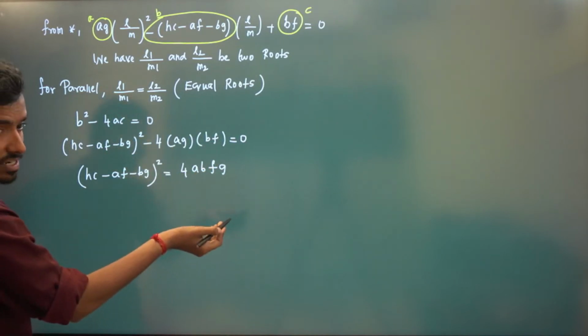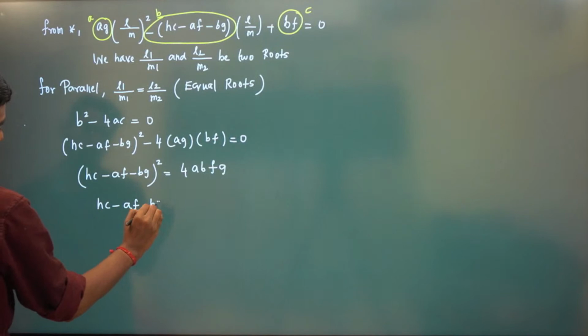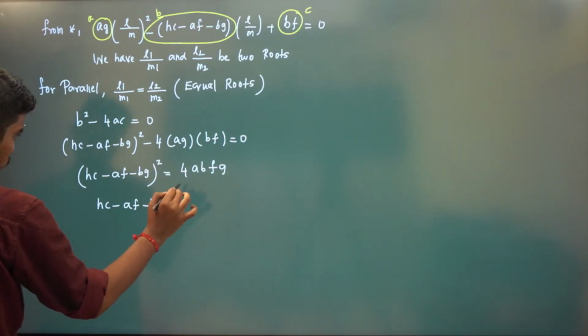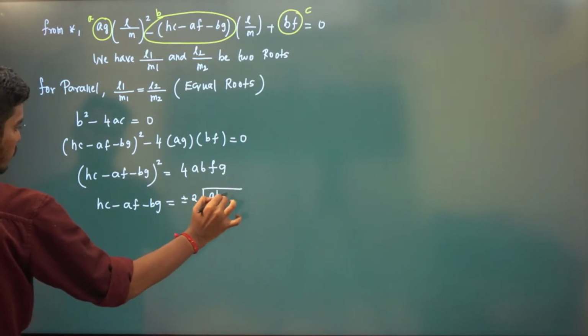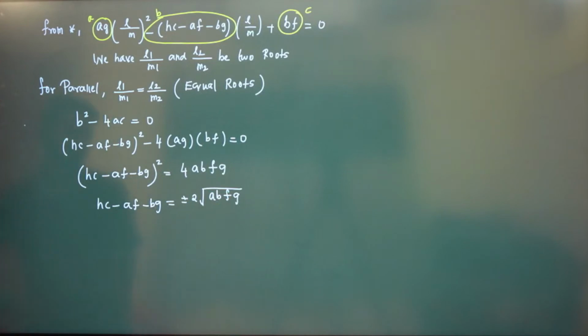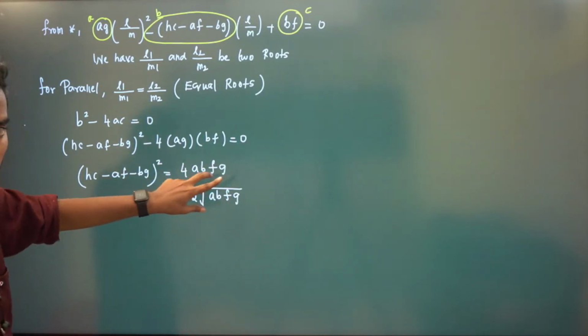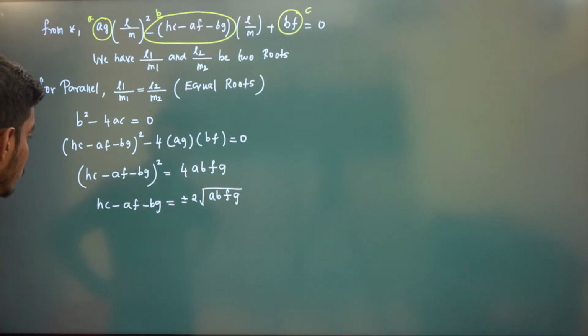Let's take the square to that side. So we will have hc minus af minus bg is equal to the root of this. Root of this will be plus or minus 2 root of abfg. Just take the square root. Root 4 is plus or minus 2, times root of abfg.